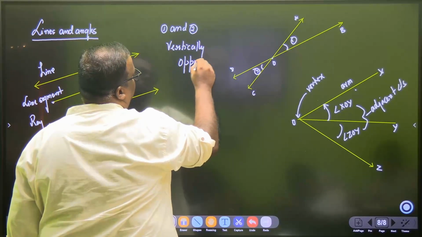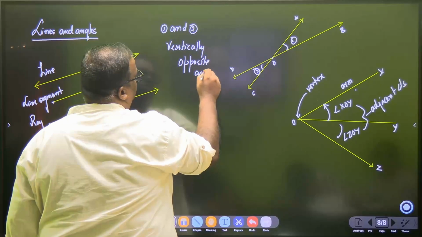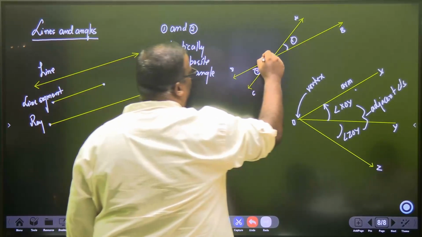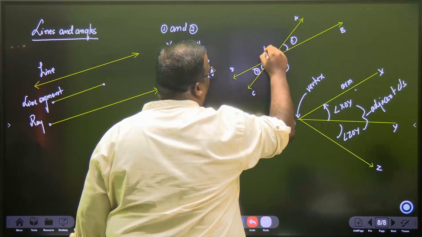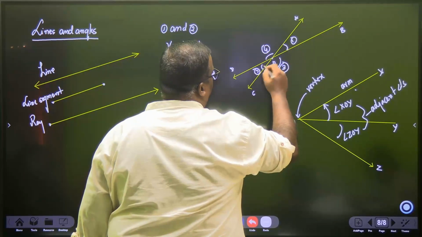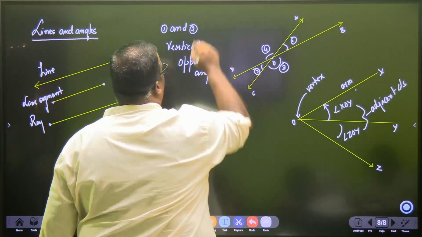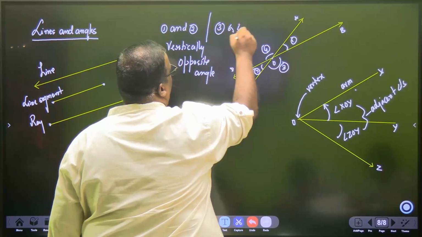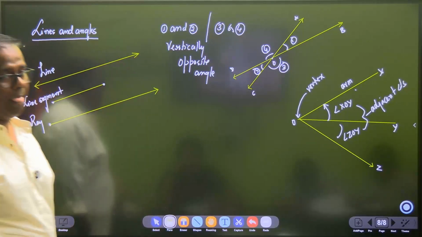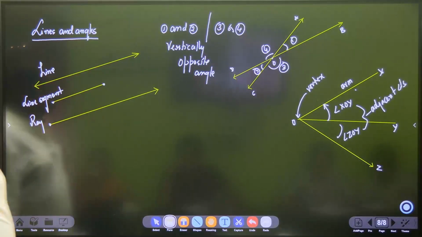Similarly, we'll have an angle 3 and an angle 4. They are known as vertically opposite angles. Is this much clear? Very basics.